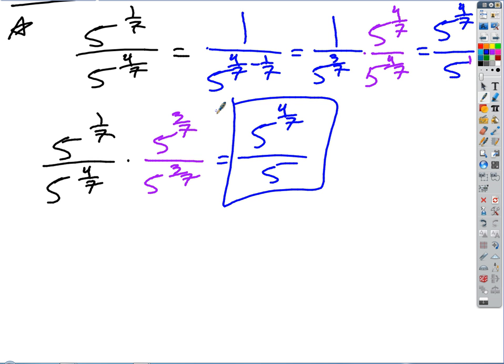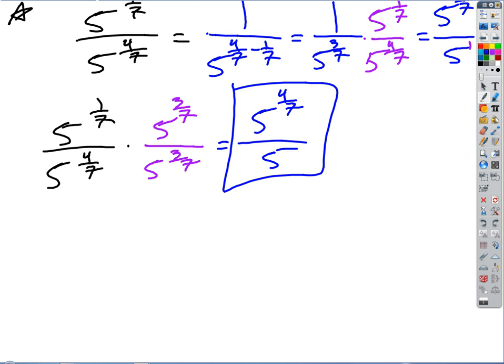Okay? See? All right, now I'm going to throw you a curveball. Strike 3. What if we have 5 to the 4 sevenths divided by 5 to the 1 seventh? What do you think, David? Can't you just move the 1 seventh that's on the bottom to the top? Yeah, and we're done. This is a much easier problem. See the difference?